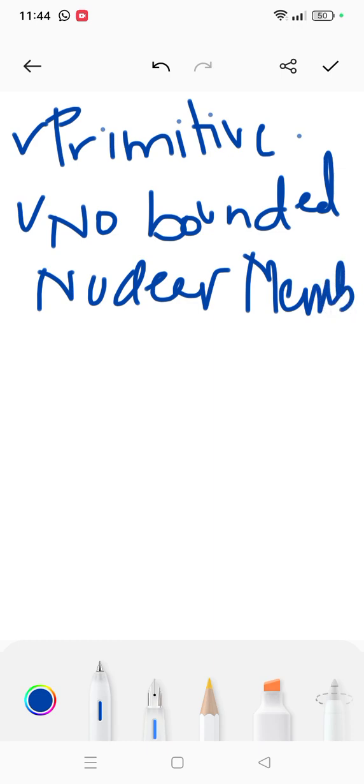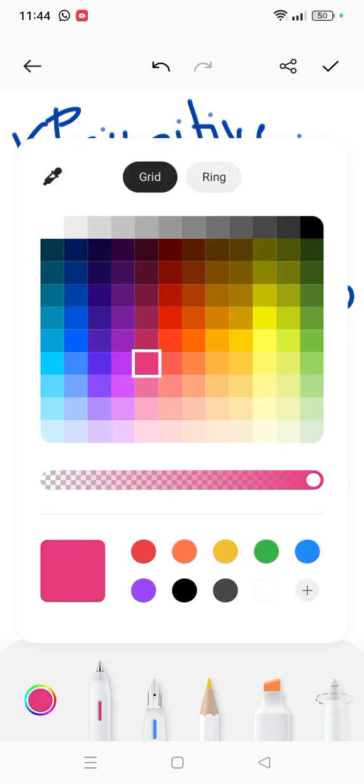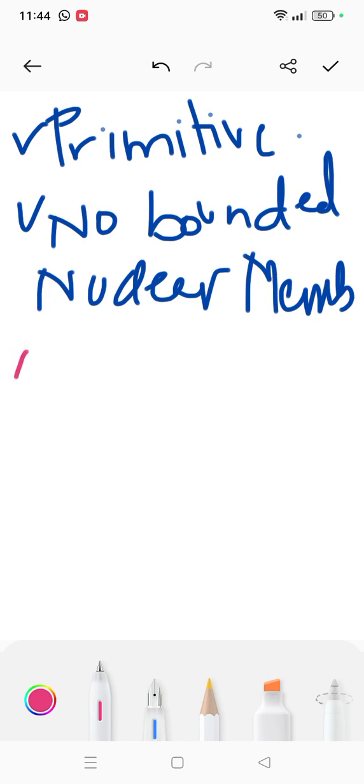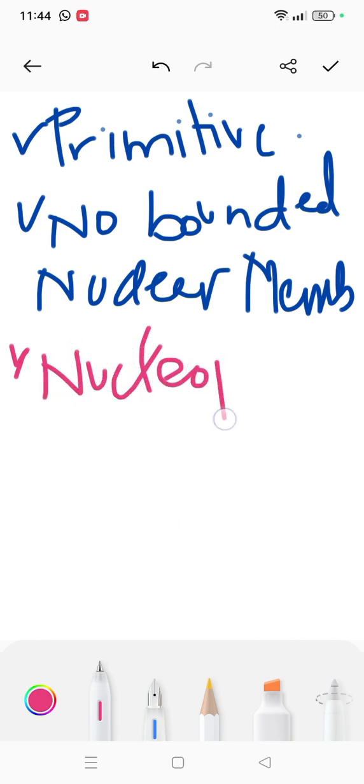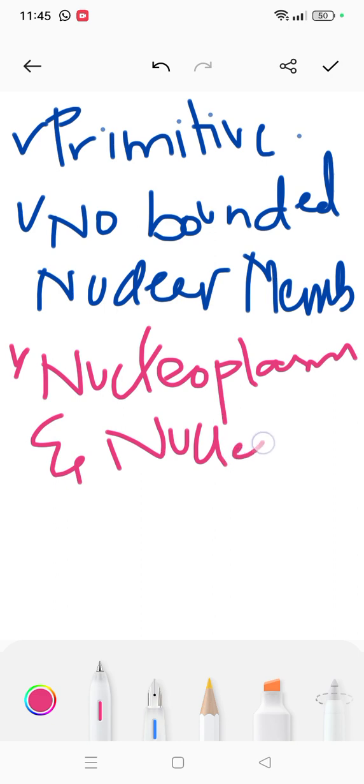Nucleoplasm and nucleolus, they both are absent in this.